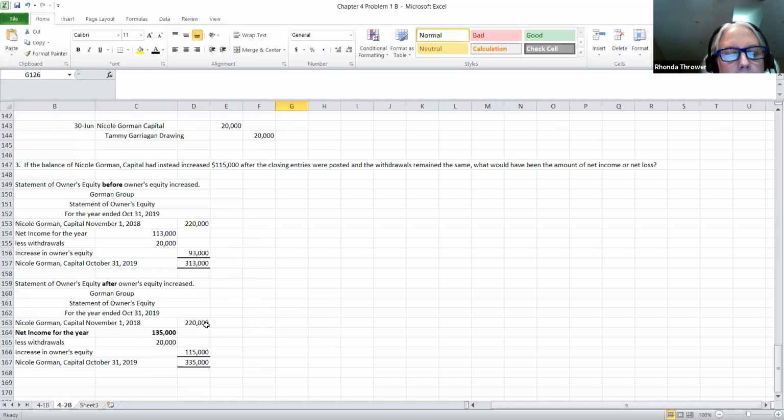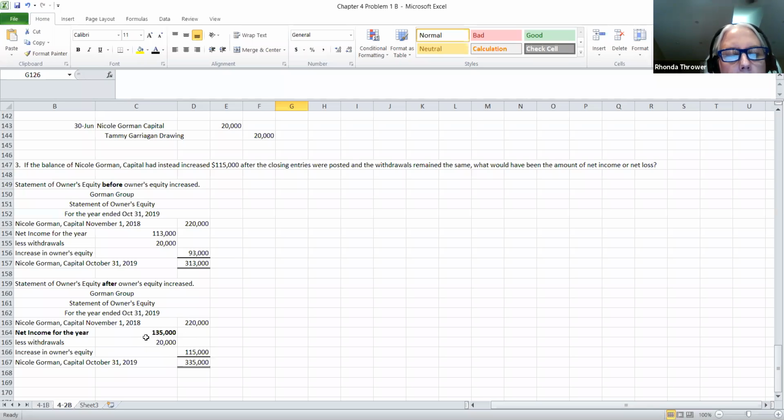I left the beginning balance the same. Notice it's the same as it was before. I left my withdrawals the same. Notice they're the same as before. But what they're trying to get you to do is to see what would happen to the net income. So if you had had 115,000 as an increase in owner's equity, if you add that 115,000 to the withdrawals, that will tell you how you can arrive at your net income for the year.